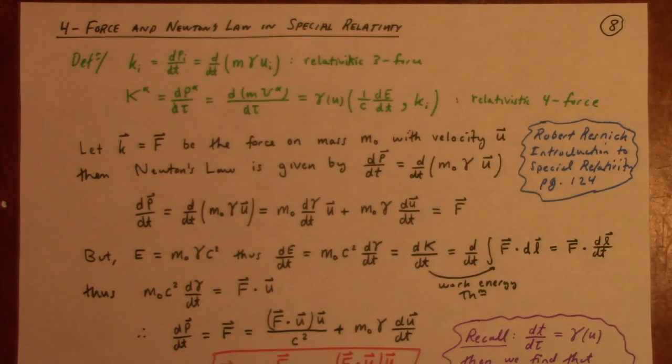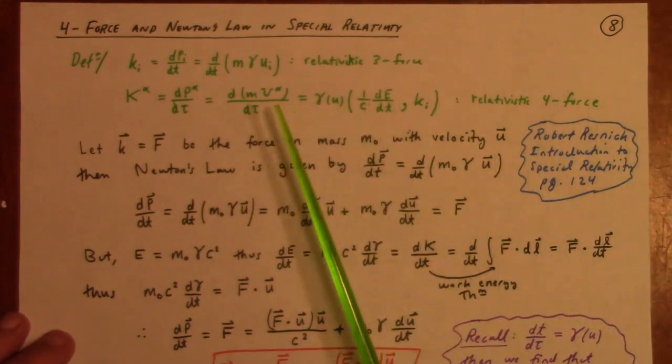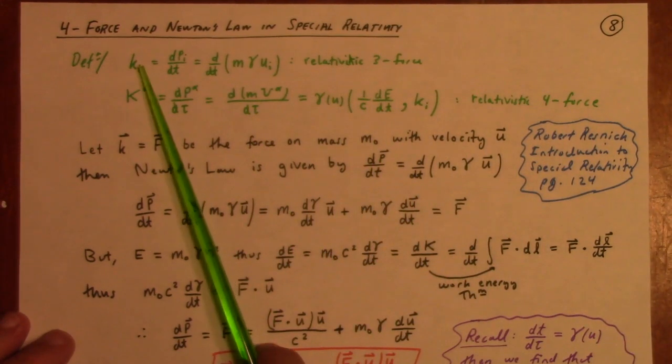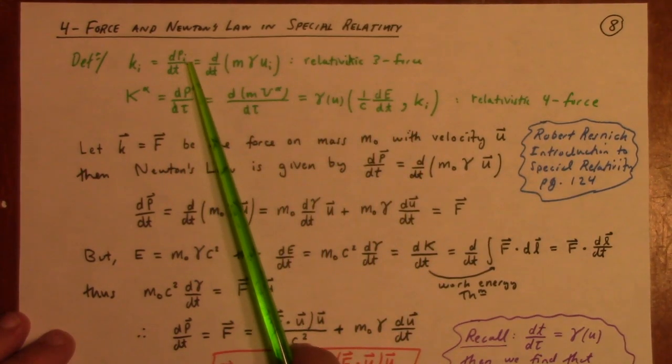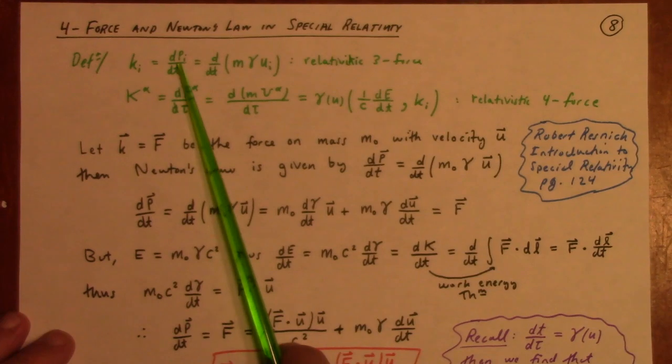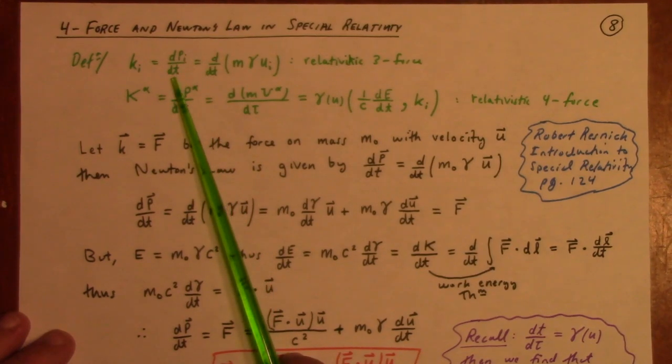So we've talked about position, velocity, acceleration, momentum. What's up next? Force, the four-force. A couple different things going on here. Little k sub i is the relativistic three-force, which can be defined as dp/dt, where p is the relativistic three-momentum and t is garden variety time.